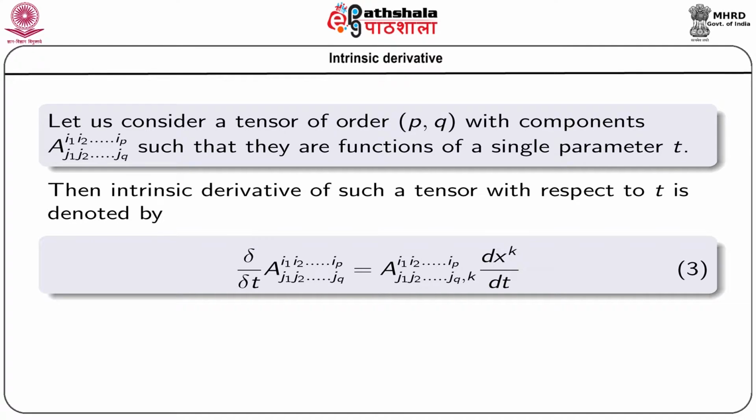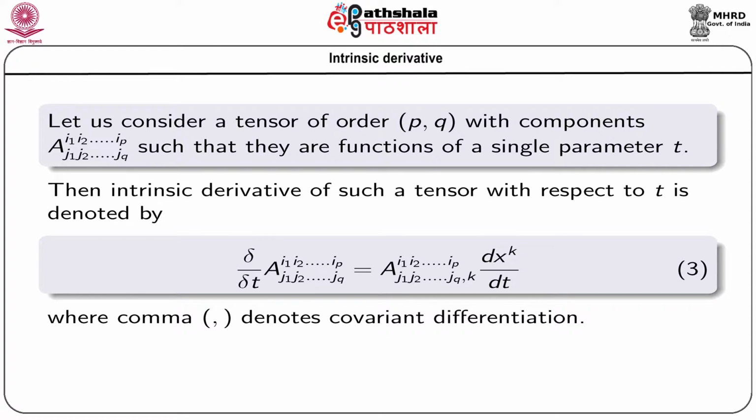In our last chapter, we have seen how the covariant differentiation has been done. So, the intrinsic derivative is again done with the help of covariant differentiation. The comma denotes the covariant differentiation.